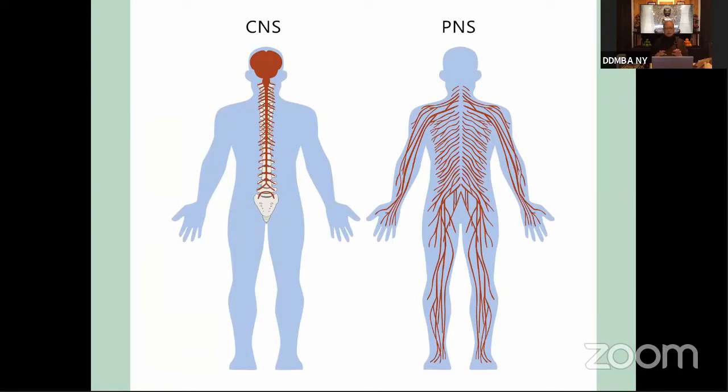And the peripheral nervous system is more widespread to the whole body, and the nerves and neurons are very fine. It's almost transparent, and actually we have to look at it through the microscope. So that's the first thing we need to know about the organs.